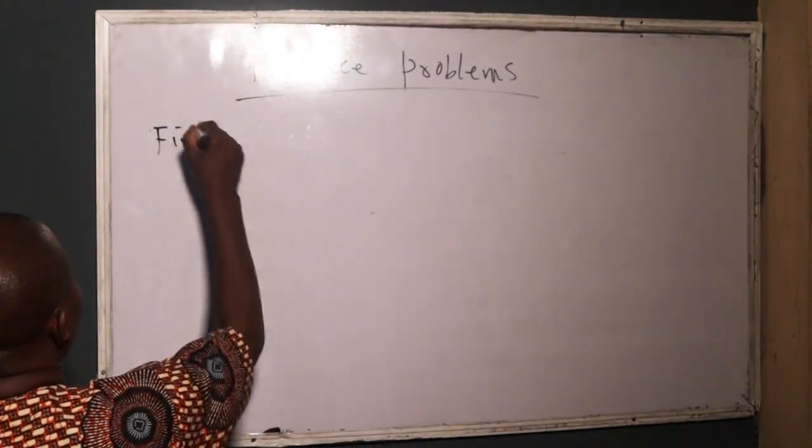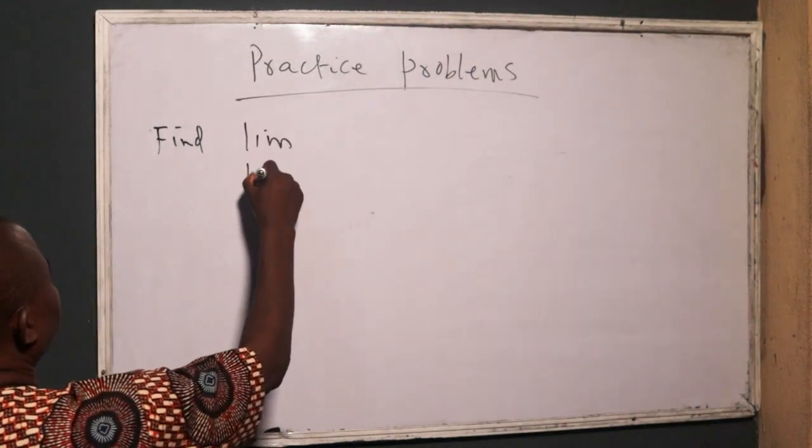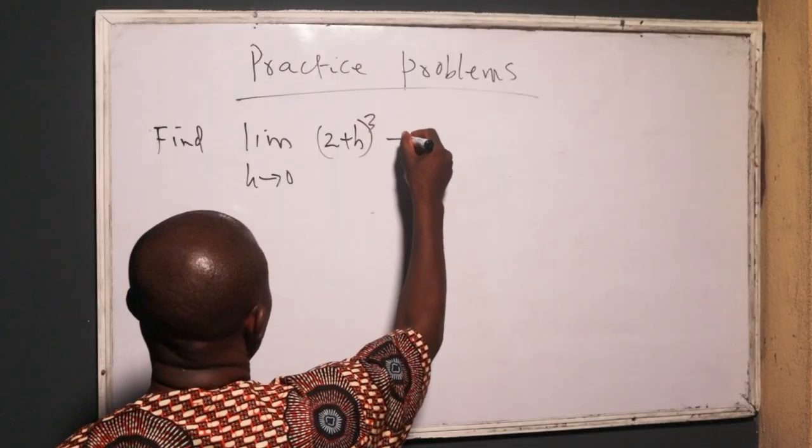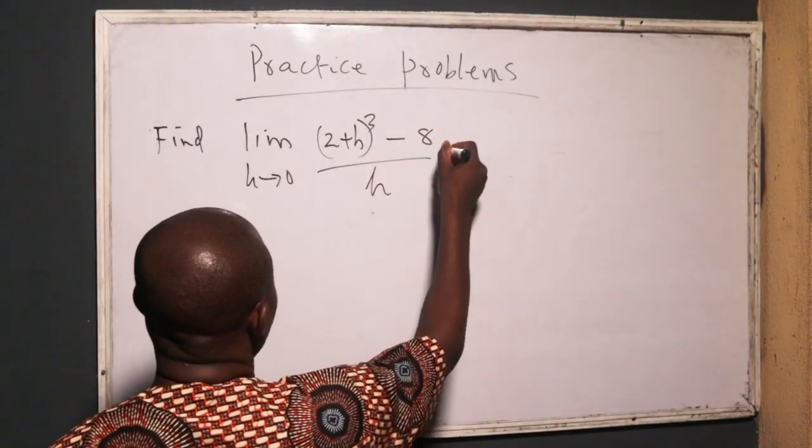Find the limit as h tends to 0 of 2 plus h raised to the power 3 minus 8, divided by h.